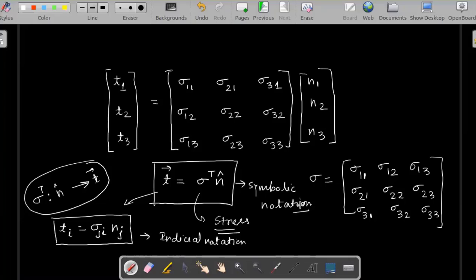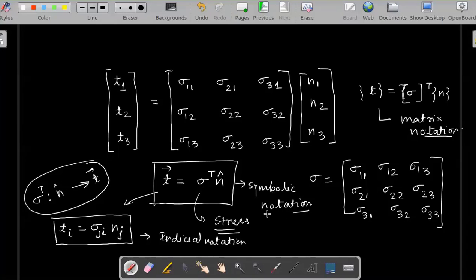And this is either written as t vector is equal to sigma transpose times n vector. This is matrix notation. So the same equation can be represented as matrix notation, symbolic notation, or tensor notation, also known as index notation. But you must know that whatever notation it is, what it actually represents.